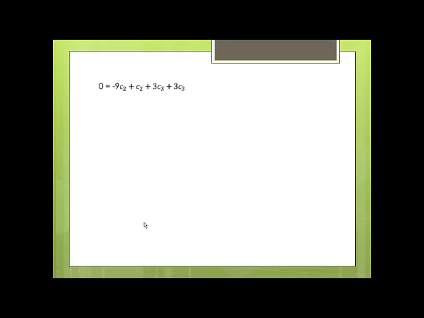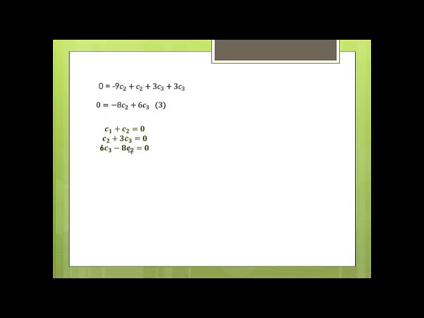So we have 0 is equal to negative 9c2 plus c2 plus 3c3 plus 3c3. Since these are like terms, our third equation is negative 8c2 plus 6c3 equals 0. Combining those equations, we have c1 plus c2 is equal to 0, c2 plus 3c3 is equal to 0, and 6c3 minus 8c2 equals 0.